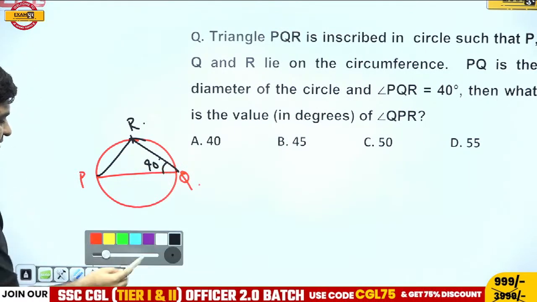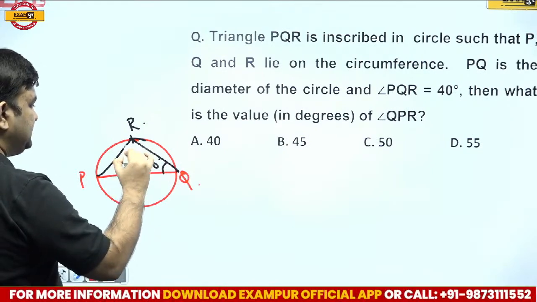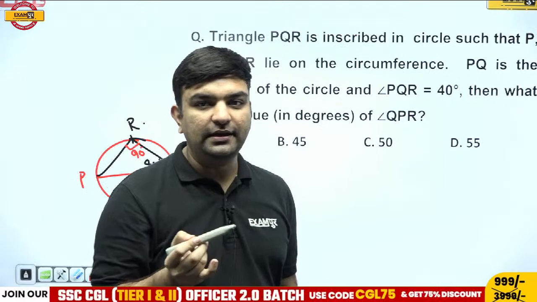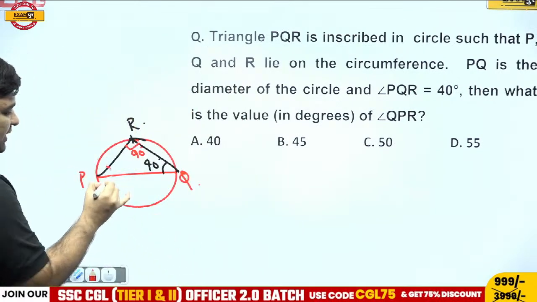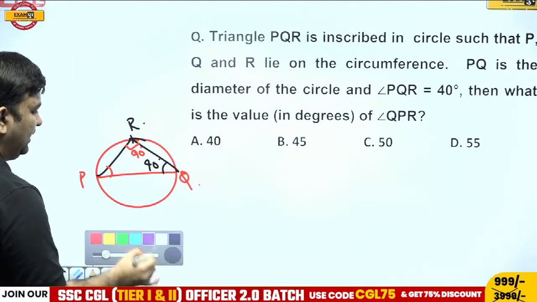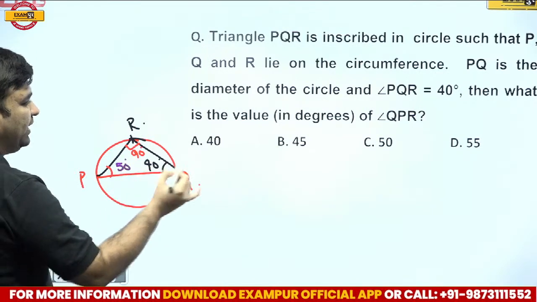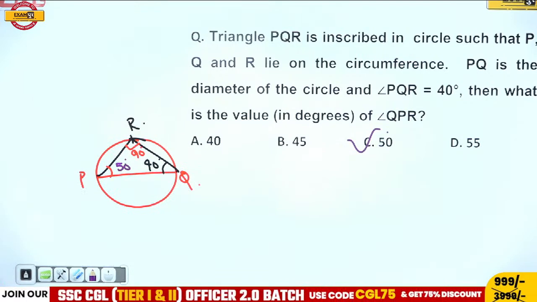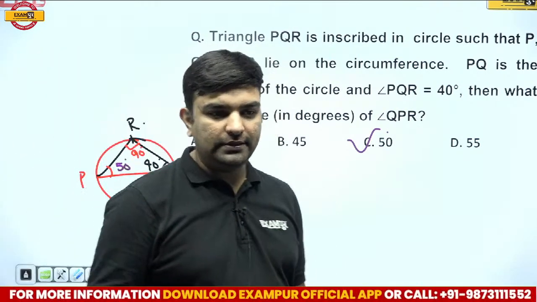Diameter subtends 90 degrees at the circumference. So the remaining angle is 50 to make it 180.